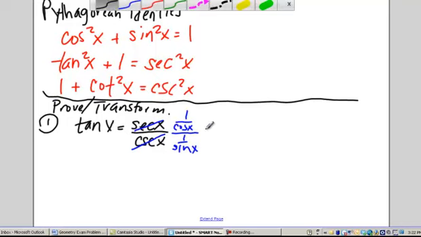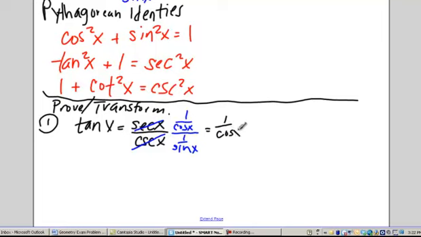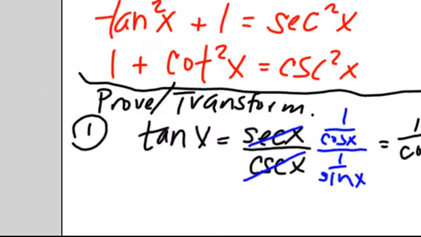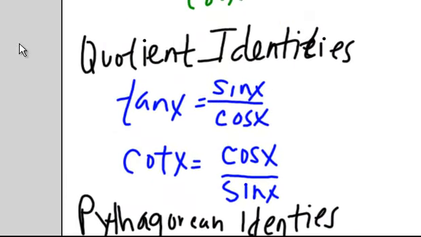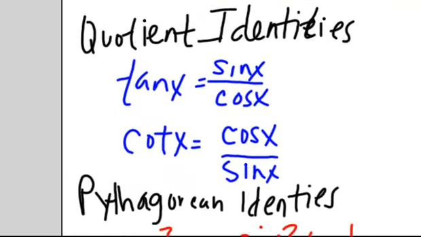Okay, if you have a different colored pen, you might want to do what I'm doing to help things stay clear. Okay, we're dividing by fractions, so we have 1 over cosine of x times, I'm sorry, not secant, sine of x over 1. I took my bottom fraction, flipped it over, and we get sine of x over cosine of x, which proves right there the quotient identity.